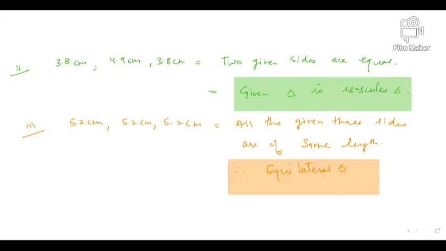Now let's move to the fourth part. Fourth part is given as what? Fourth part is given as 4 centimeter, 4 centimeter and 7 centimeter. So we can see two sides are given as equal.